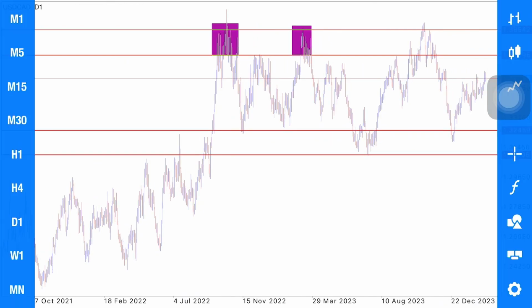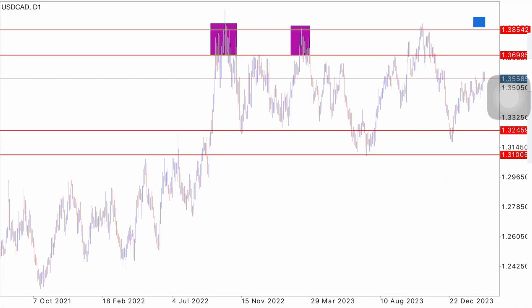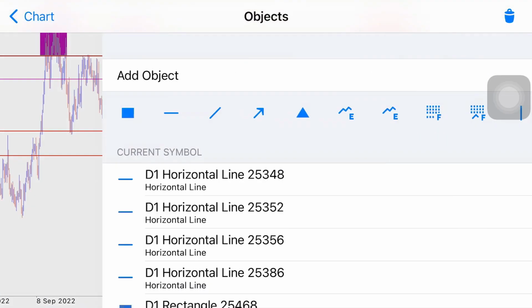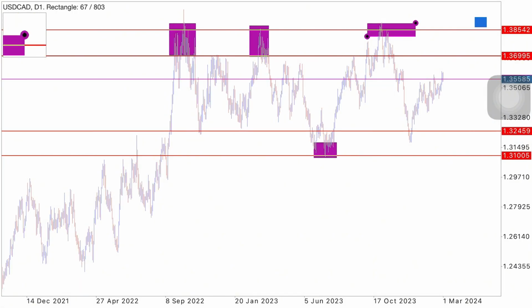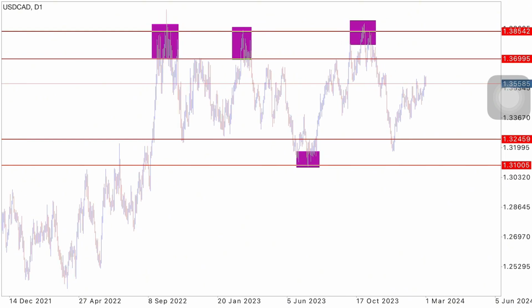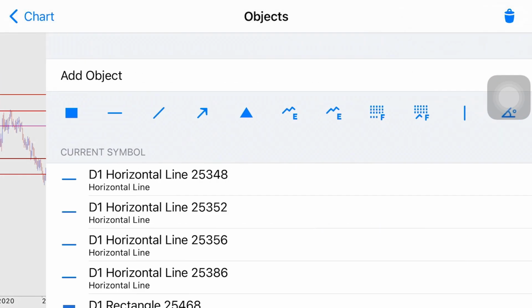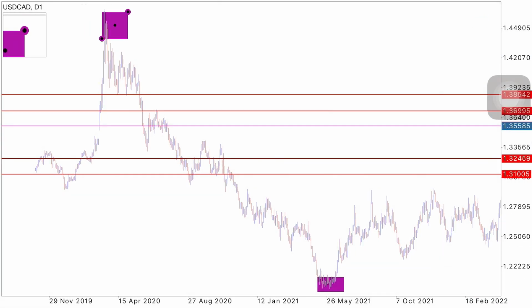And then this one here is also our change of market structure, and this point here is also our change of market structure. I can also see this one here, but we are not currently focusing on this one for now.